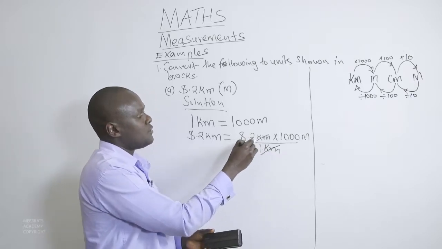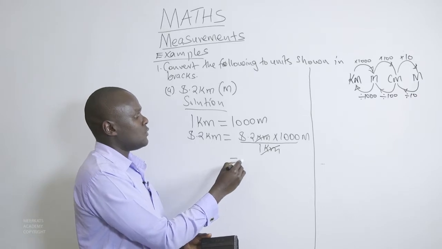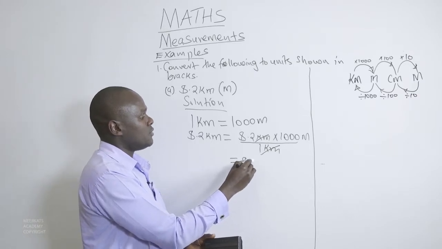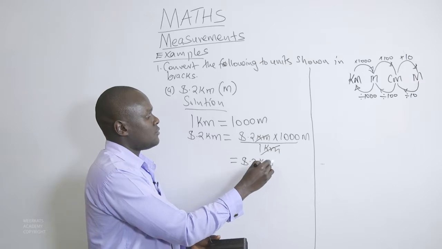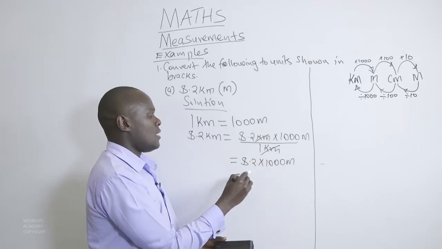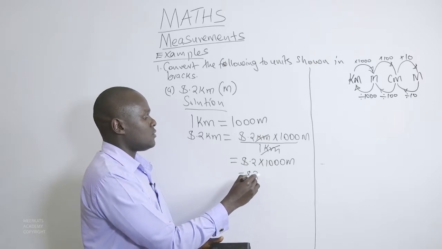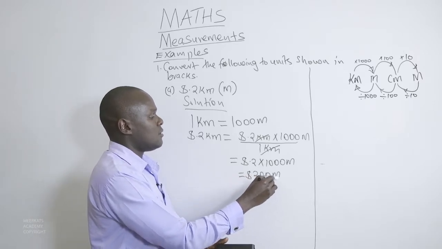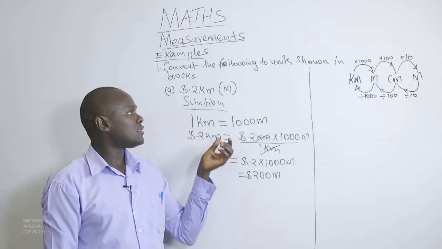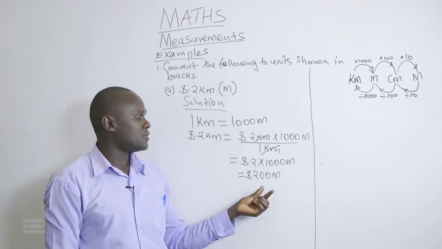These units will cancel, and this will give us 8.2 times 1,000 meters, which ultimately gives us 8,200 meters.